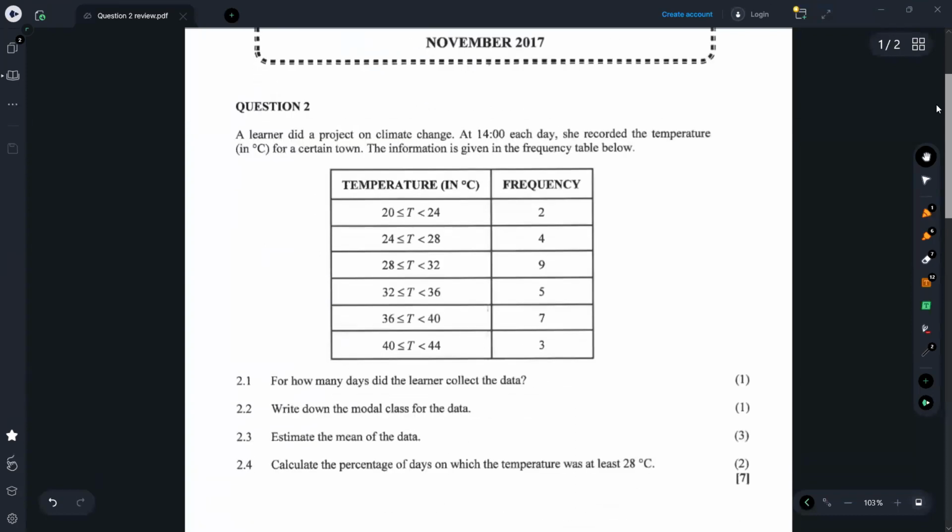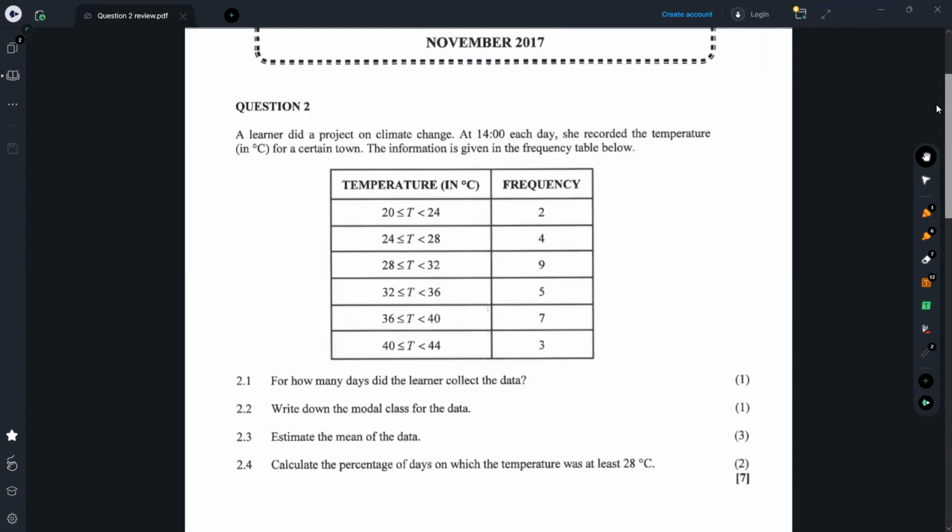Okay, they're saying that a learner did a project on climate change. At 1400 each day, which is actually 2 p.m., she recorded the temperature in degrees Celsius for a certain town. The information is given in the frequency table below.